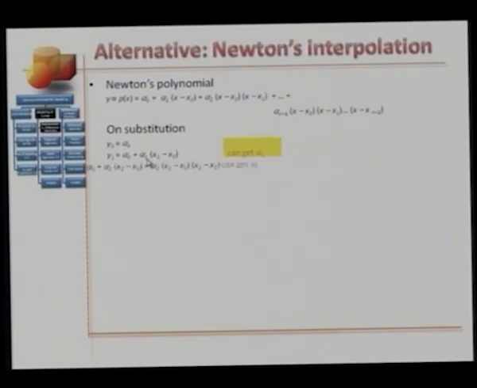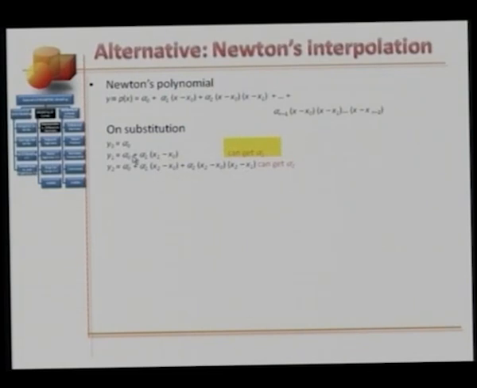For x equals x2, the first three terms remain in the series, while all the other terms become 0. These are the corresponding three terms: alpha 0 plus alpha 1 times x2 minus x0 plus alpha 2 times x2 minus x0 times x2 minus x1.